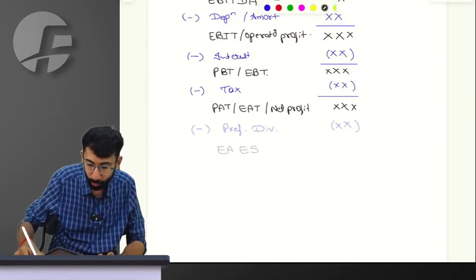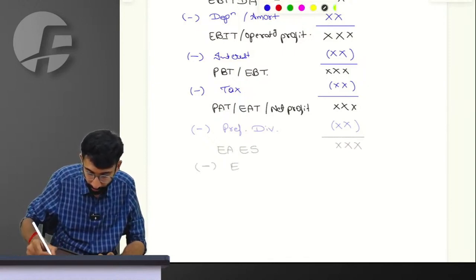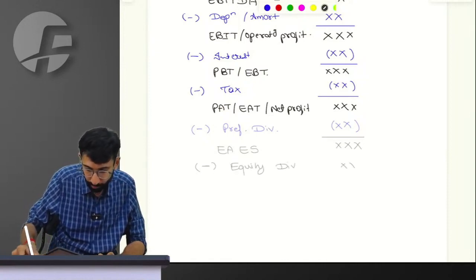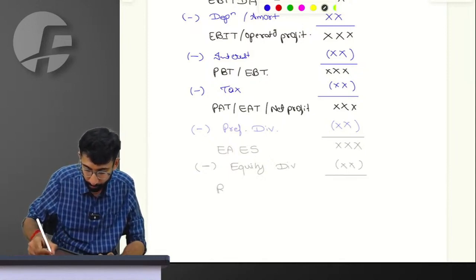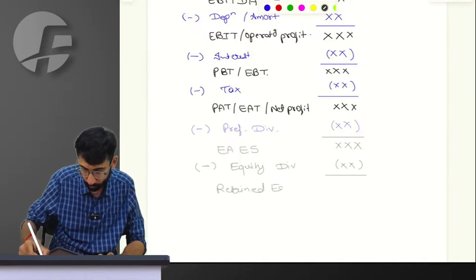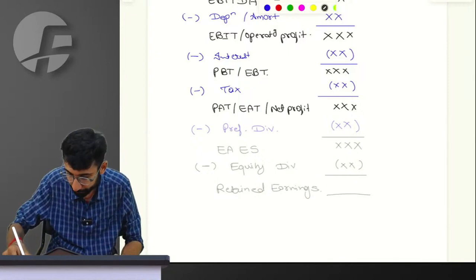EAS. That we have already learned in the basics. From EAS, if you deduct equity dividend, what do you get? Retained earnings.